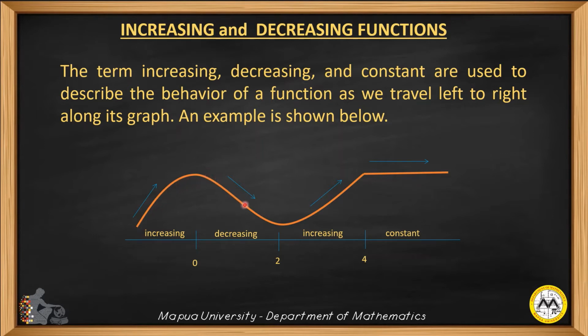But in this section, we go downhill. As we increase x values, y values would be decreasing. Over here again, we go uphill, indicating that y values are increasing as we increase on the x values. In this section here, we observe that as we increase x values, y values are held constant.